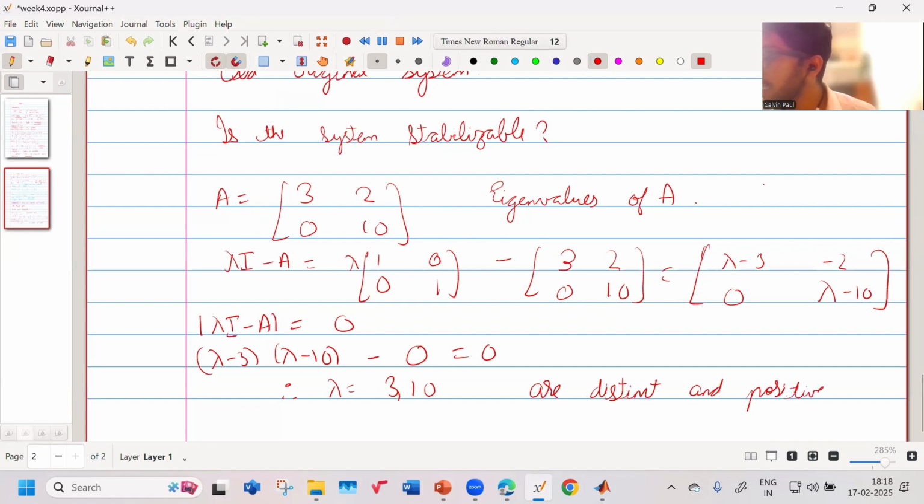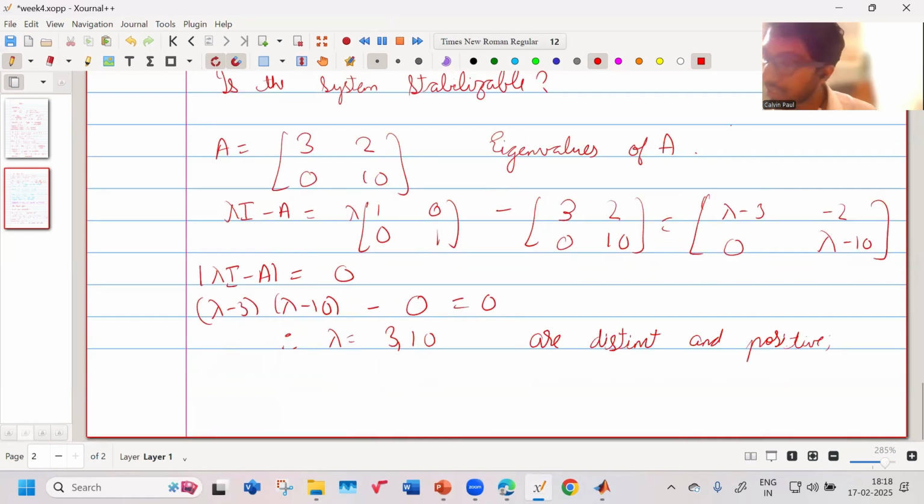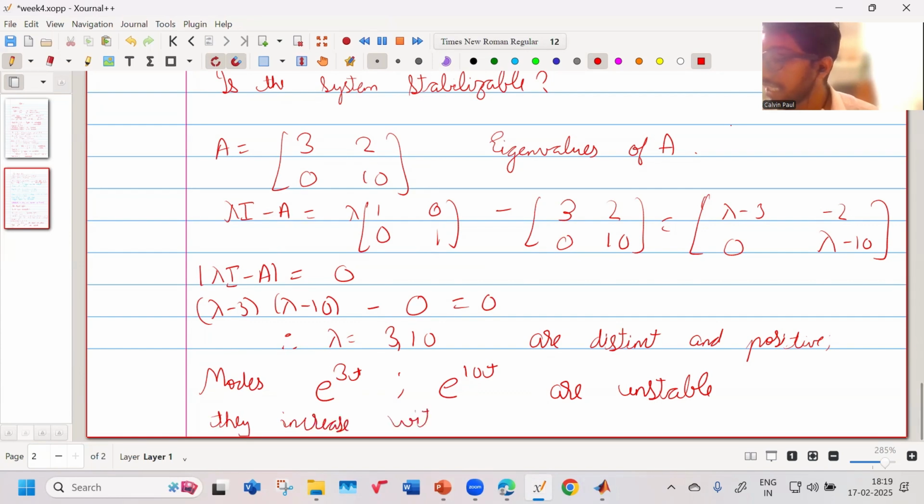If you recall, the modes corresponding to these eigenvalues are given by e raised to 3t and e raised to 10t, and these modes are unstable because they are increasing with time. They are exponentially increasing, so that means it's a very fast increase.